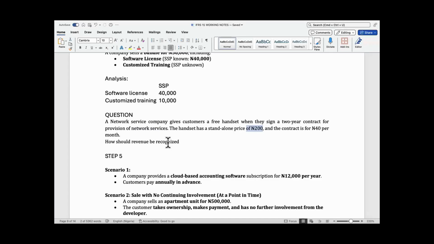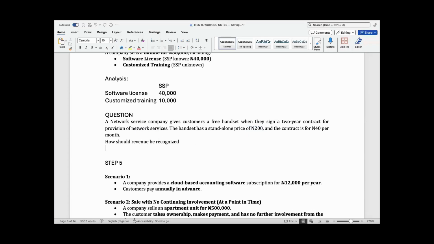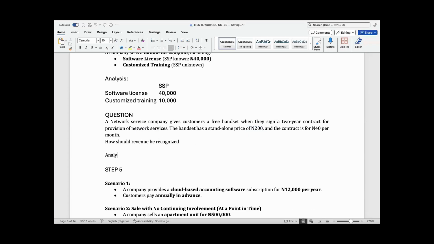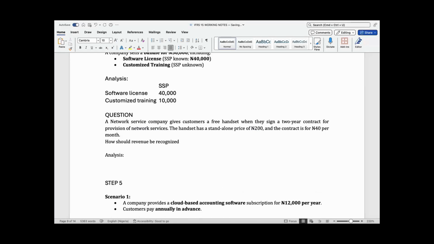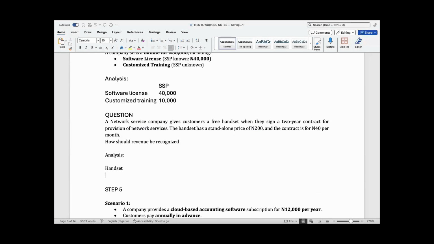Again, in this case, we have two separate services, free handsets and a network service. So we need to recognize revenue separately for each of them. So we have handsets and network service.